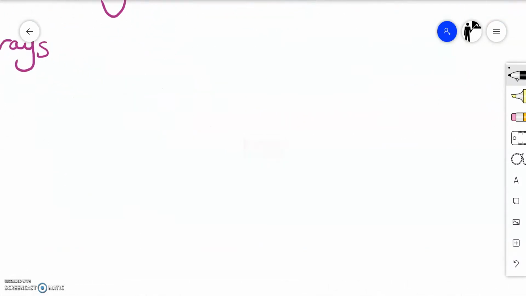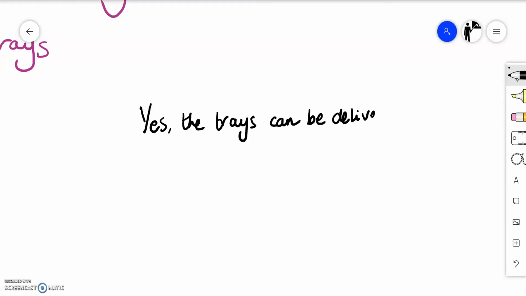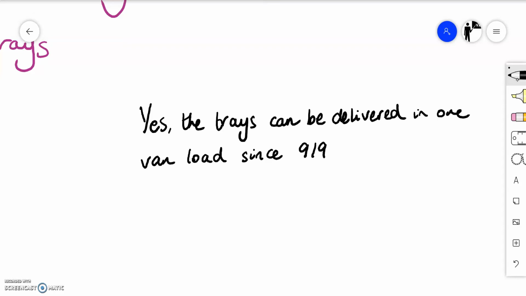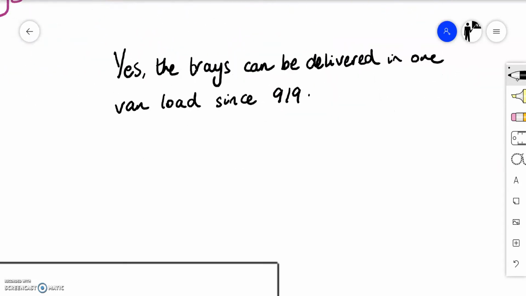Yes. So we need to just say that in a statement. Yes, the trays can be delivered in one van load, since 919.36 kilograms is less than 1,000 kilograms.